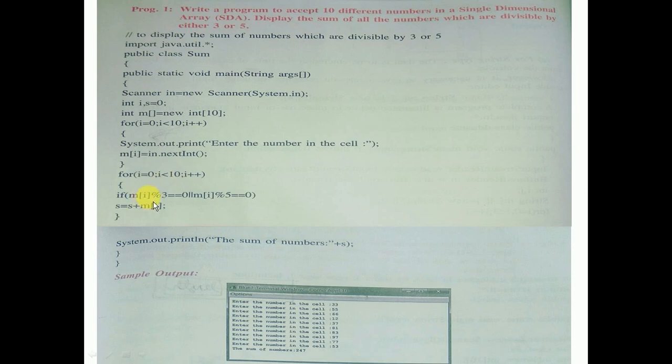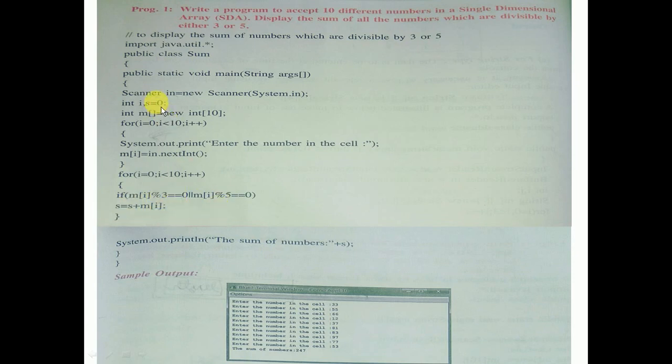In the 0 position, if when you divide by 3, if the remainder is 0, or when you divide by 5, the remainder is 0, means it is divisible by 3 or 5, then s is equal to s plus m of I. That number, whichever is divisible by 3 or 5, for example, 33 divisible by 3, so the remainder here is 0, right? So that is added. Or in this case, 55 is divisible by 5, so that is added. 66 is divisible by 3, that is added. Any one, if it divides by either 3 or 5, then you add it to s.